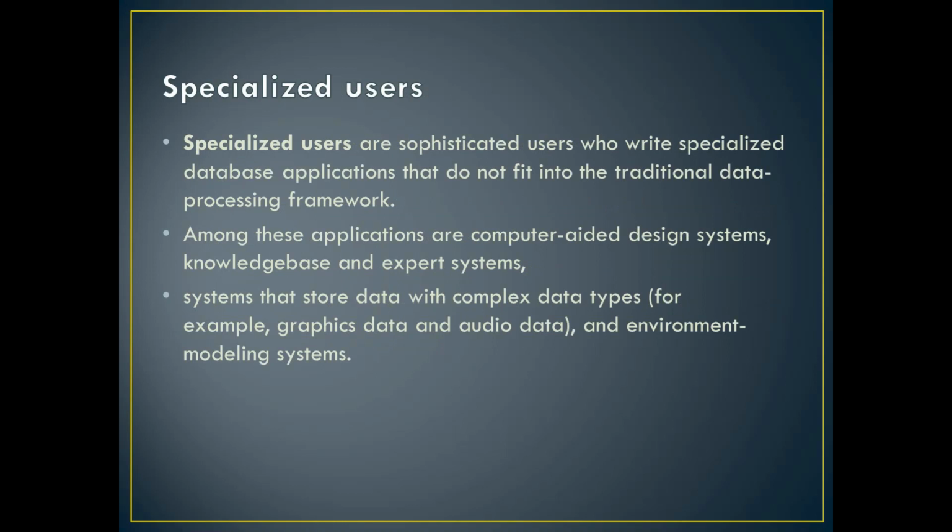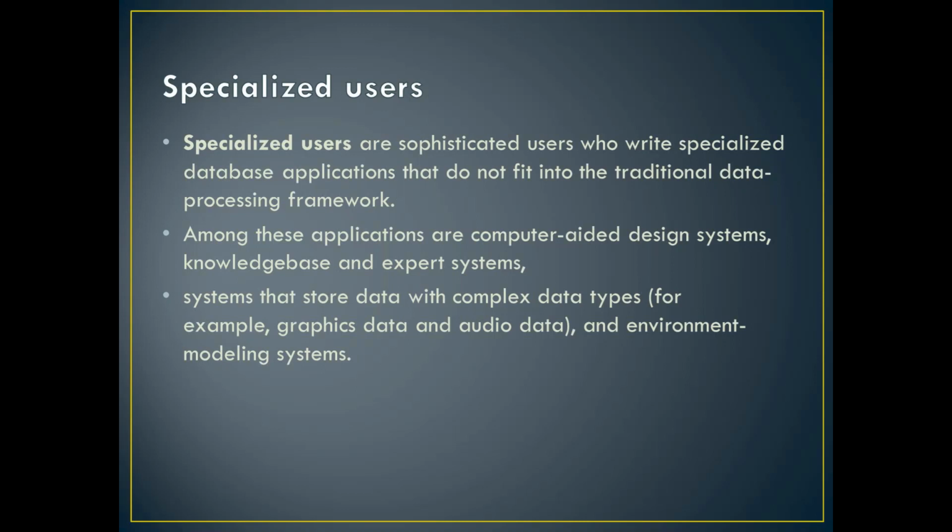The last type is called specialized users. Specialized users are users who write special database application programs. These application programs facilitate either computer-aided designing systems or knowledge base and expert systems. For example, they write programs to store complex data types like graphics data, audio data, or video data.